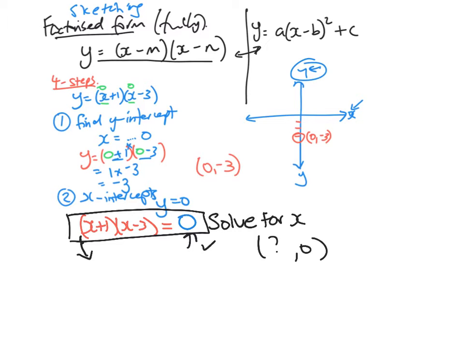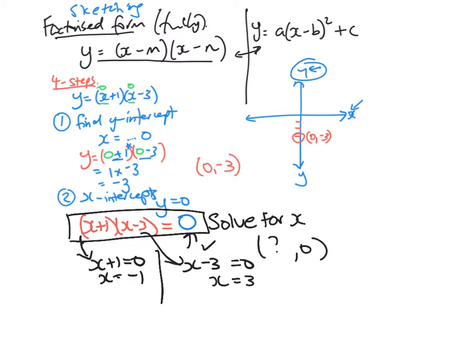Either the first bracket is 0, so this is where the null factor law comes in, or the second bracket comes to 0. So we're just solving that equation. x is either equal to negative 1 or x is equal to plus 3.